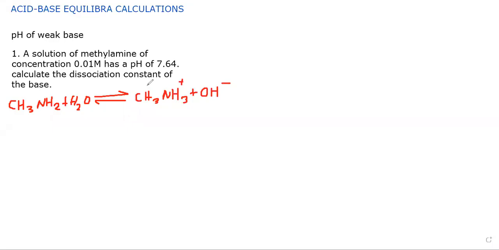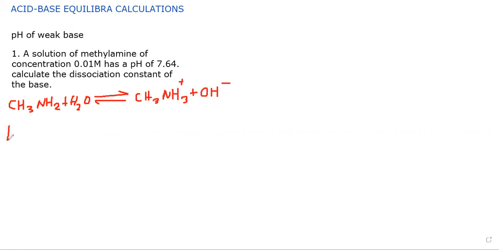All right, so this calculation with pH of a weak base, we're going to do pH and Kb again. Just like with weak acids, once it's a weak base, it's an equilibrium reaction, and so you will have an equilibrium constant. In this case, it is Kb, the base dissociation constant. If you need to find Kb, it's products over reactants.